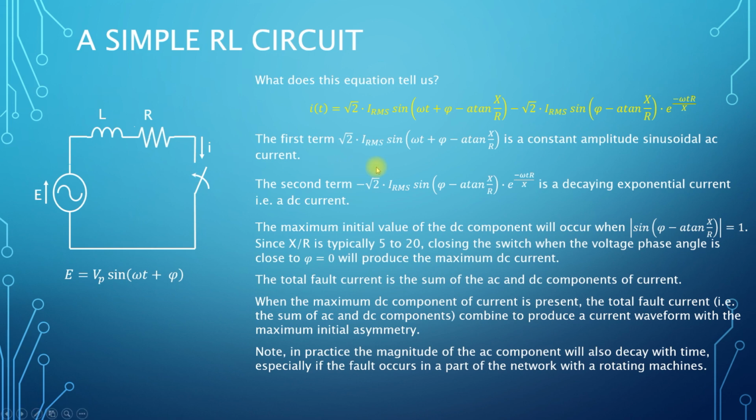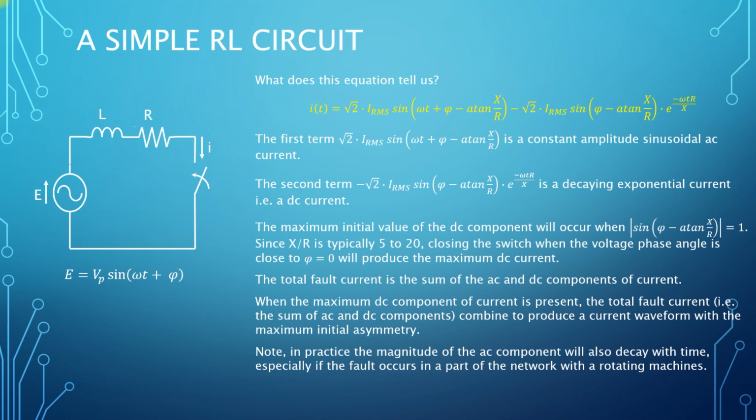Now the maximum value of the DC component will occur when this sine term has a value of 1. And in a power system, the reactance is very often much greater than the resistance. So the X upon R ratio might be 5 to 20 or even higher.